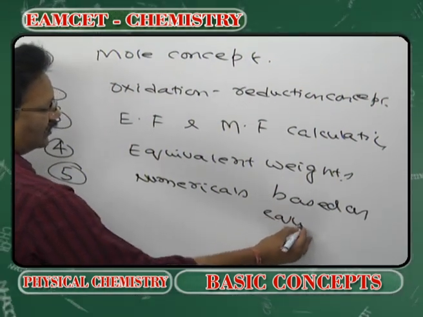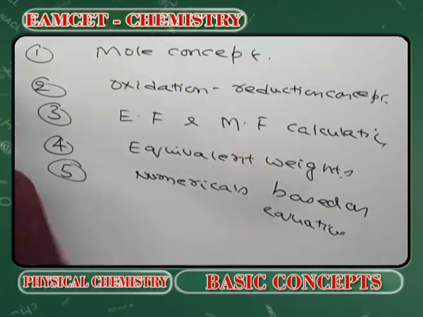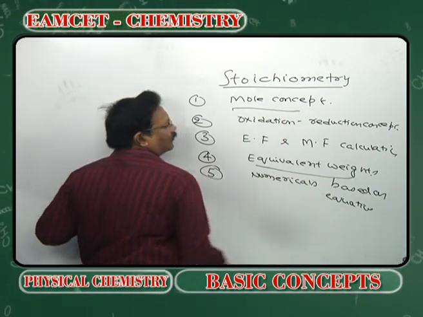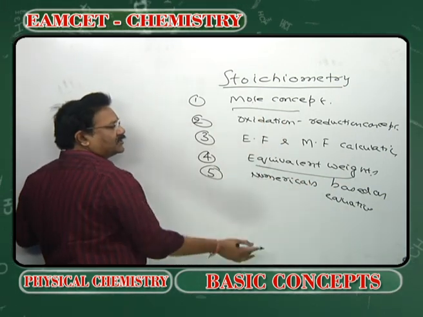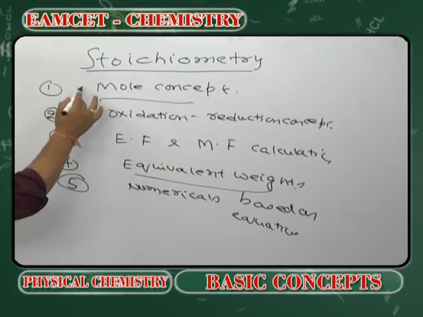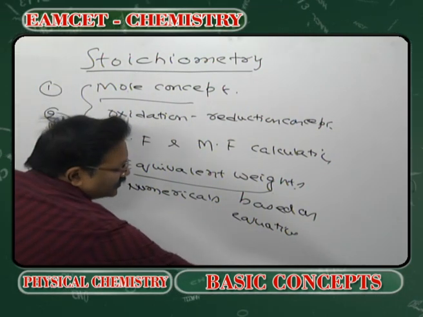These are the important topics in stoichiometry, because the mole concept and equivalent weights are very important in the subsequent chapters of intermediate chemistry, and these two are useful in the subsequent topics also.